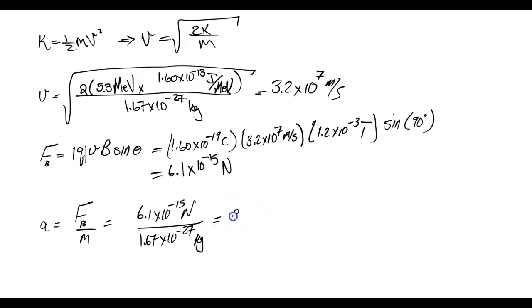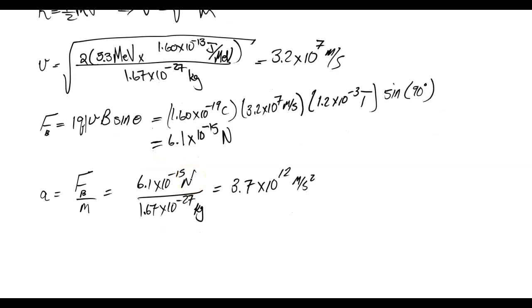Gives us an acceleration of 3.7 times 10 to the 12th meters per second squared. The reason we do this is you might have thought that the force is very small, but if you look at the acceleration that force generates, it's very, very large.